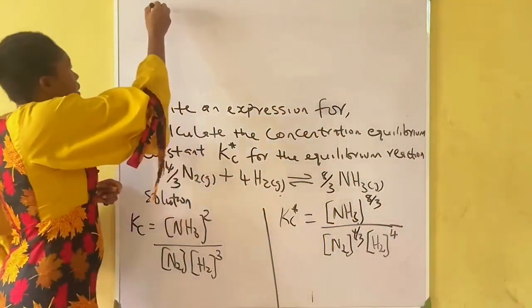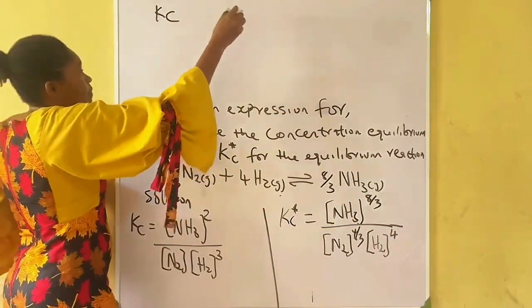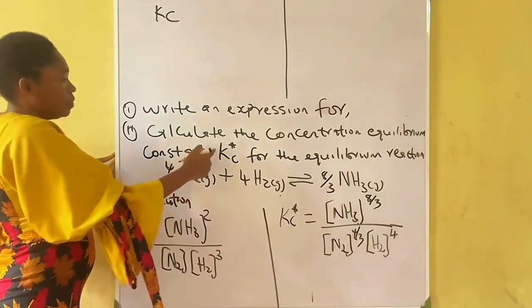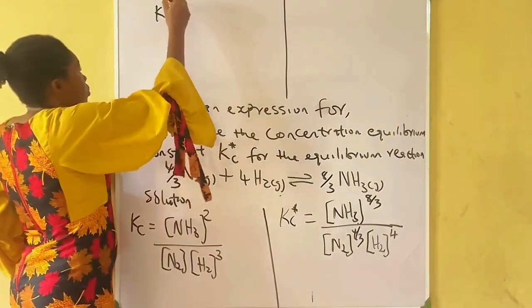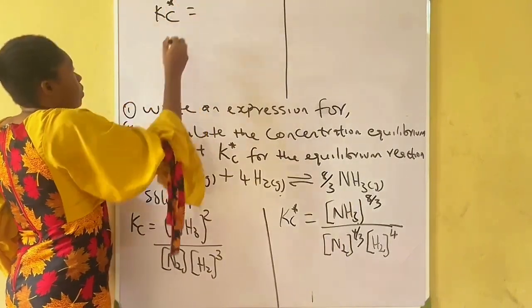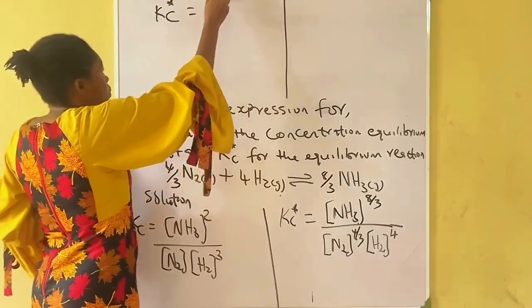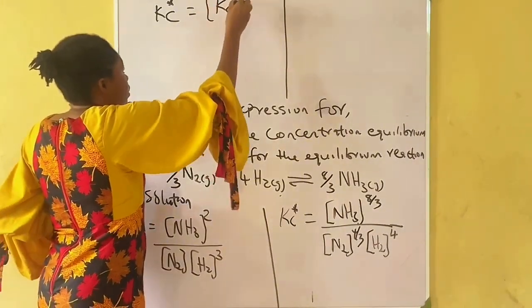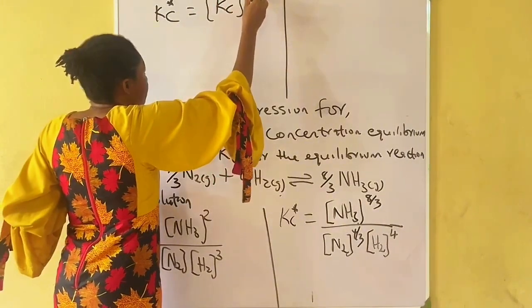So the relationship between Kc and this other Kc is the relationship. So Kc is equals to Kc, concentration of this Kc raised to the power 4/3.